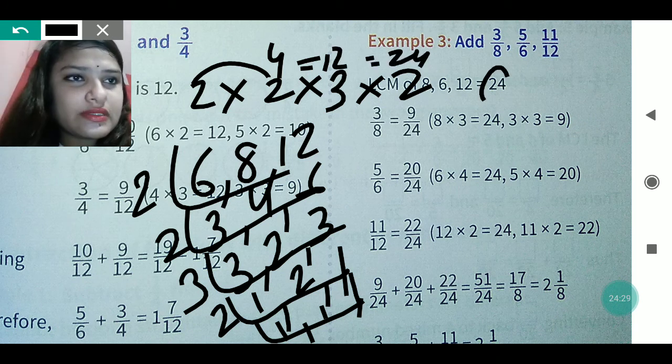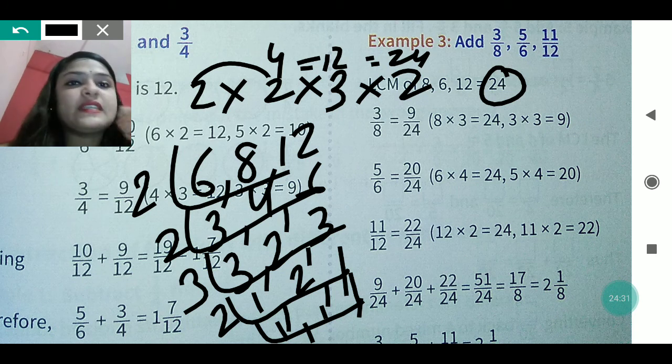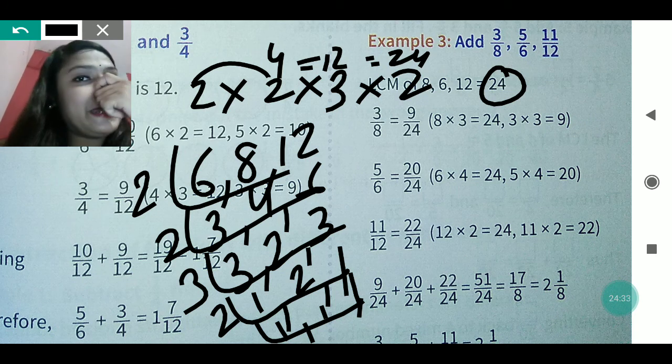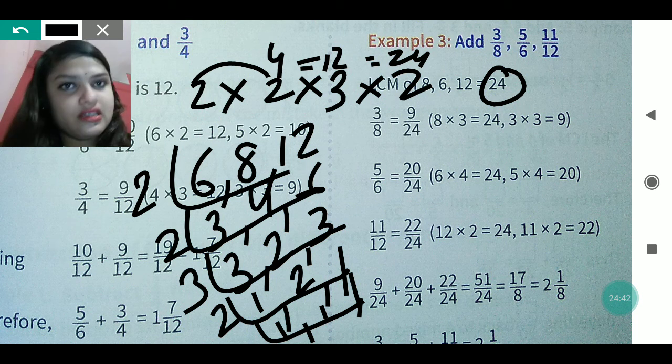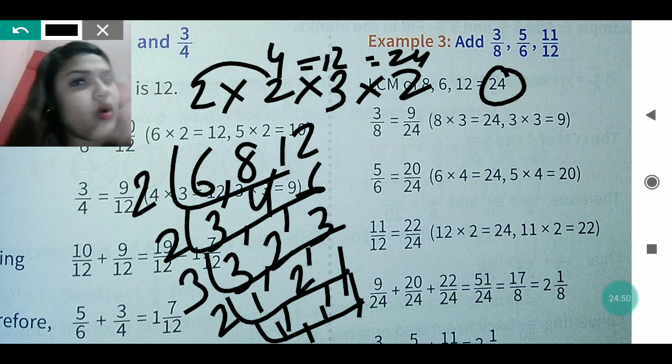So the LCM of 6, 8 and 12 is 24. Now what you have to do? You have to multiply both the numerator and denominator with that number, so that all the denominator places become 24, 24, 24, in all the 3 numbers.